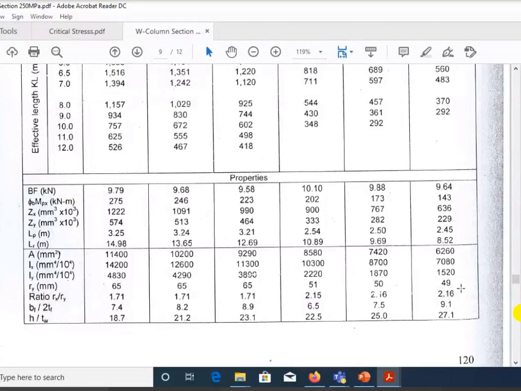So this may satisfy the capacity about the y-axis, and about the x-axis also. Bf over 2Tf value is 9.1, H over Tw value is 27.1. You are provided with Rx over Ry, so if you multiply 49 with 2.16, you will directly have the Rx value from here.